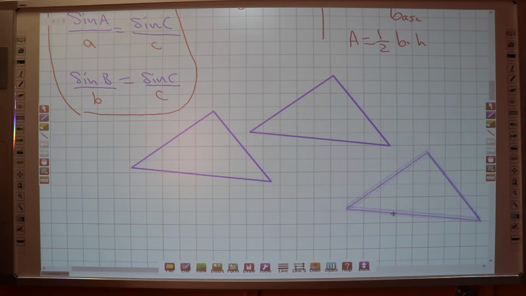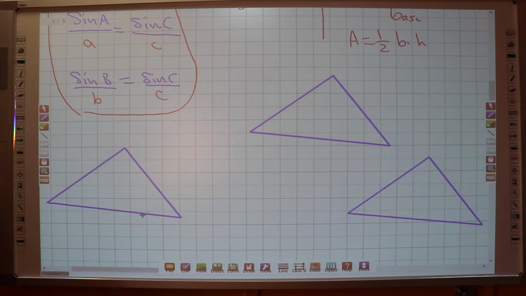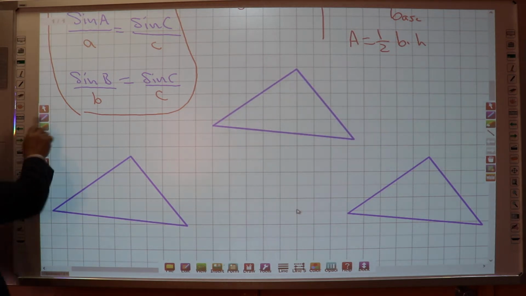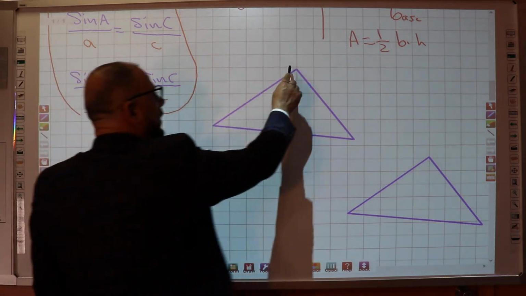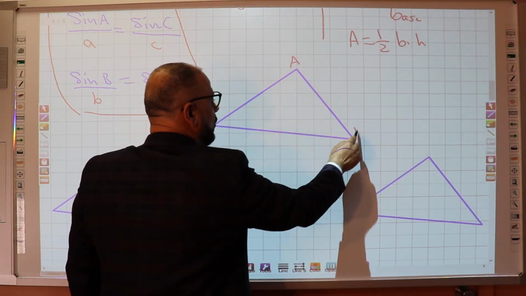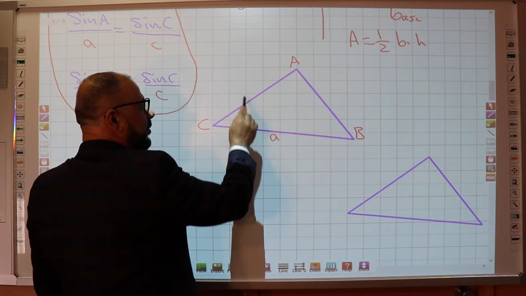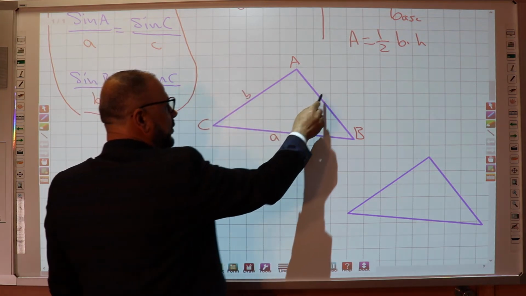Then I have three triangles. Now, look guys, what I mean by this. How do I find it? This A, this B, and this C.